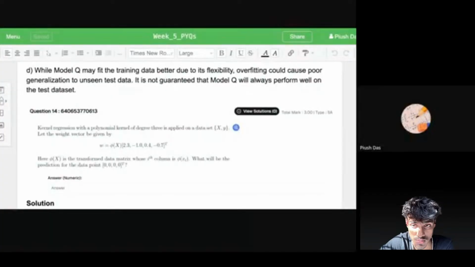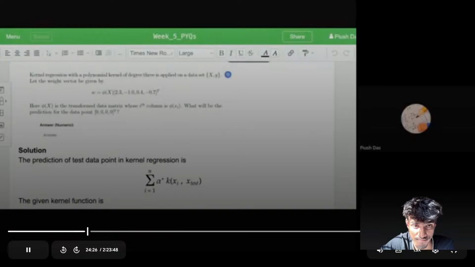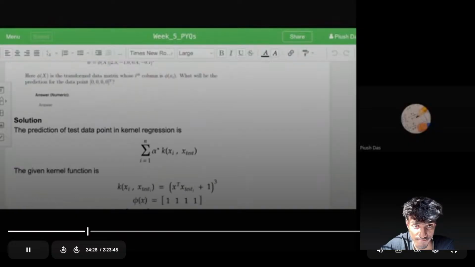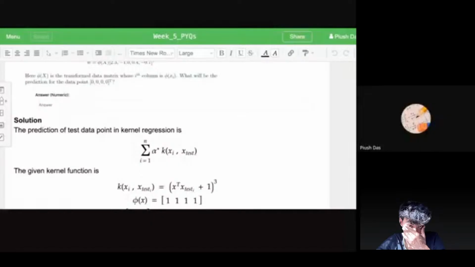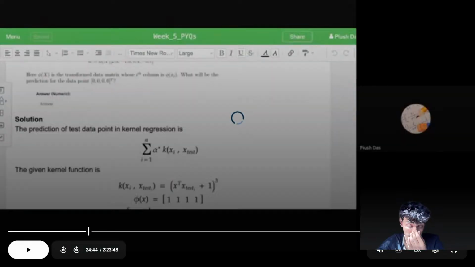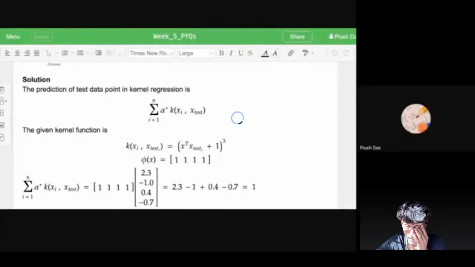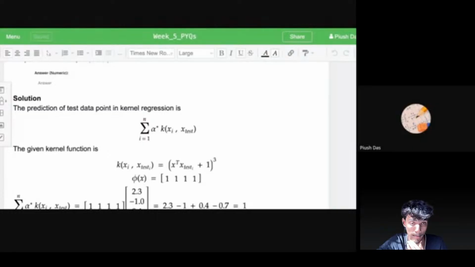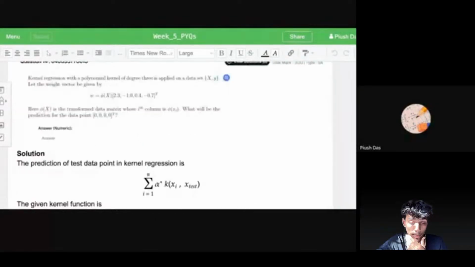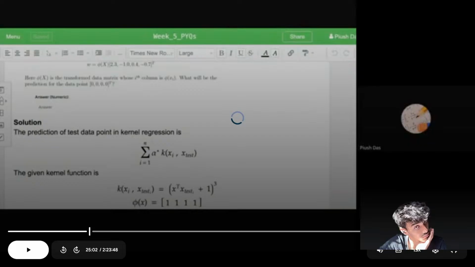Okay, let's move toward the solution. K of xi, x test. Kernel regression with a polynomial kernel of degree 3: it is x transpose x test plus 1 to the power p.